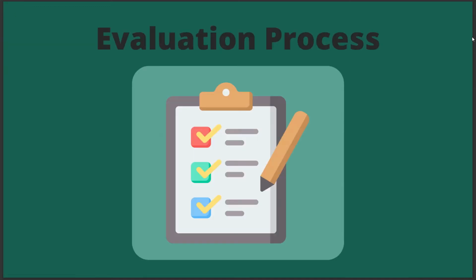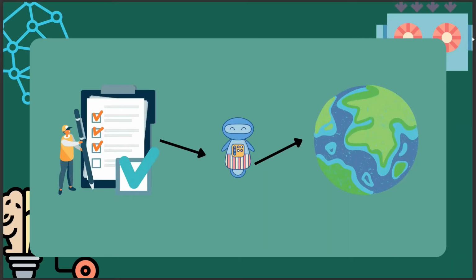We have the evaluation process. From the word itself, we get to know what evaluation is. The evaluation process is testing the model in the real world to have a clear idea of it. If you remember, in the previous part we spoke about training the model, then pre-processing, and then gathering data.